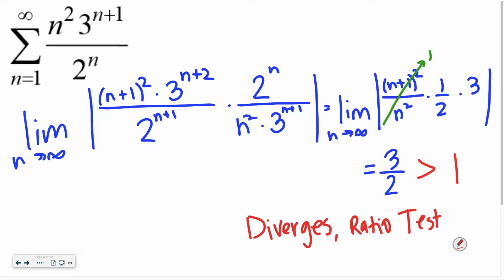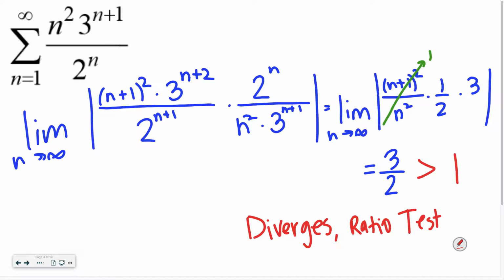Can you think of a different way we could have proven that this diverged? Could we have used the direct comparison test and compared it to 3^(n+1) over 2^n, that series that Gabe you asked about right at the beginning?